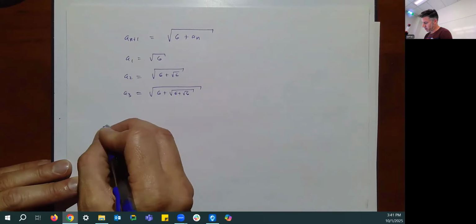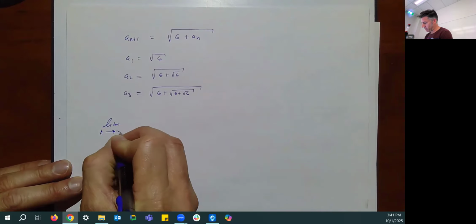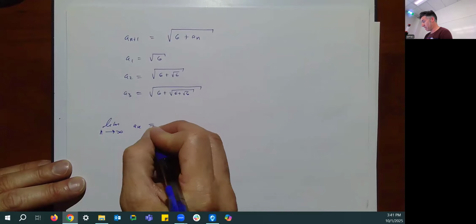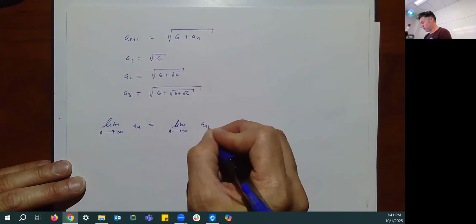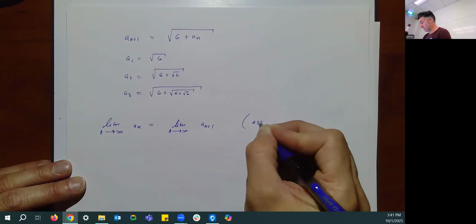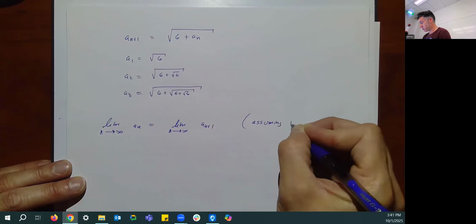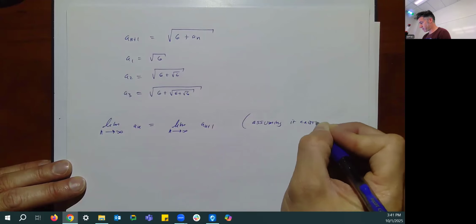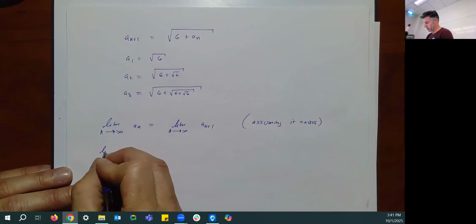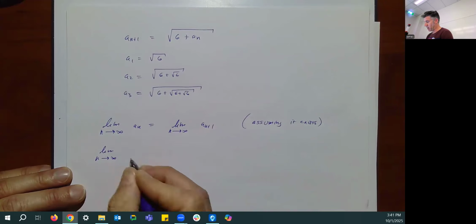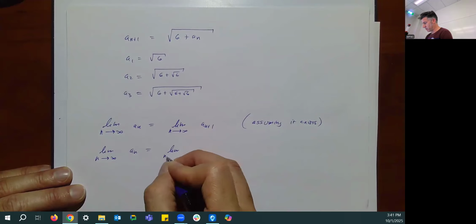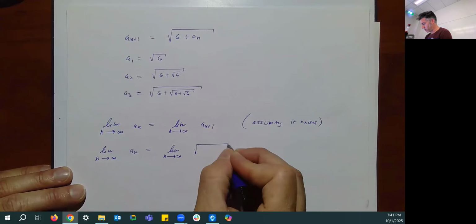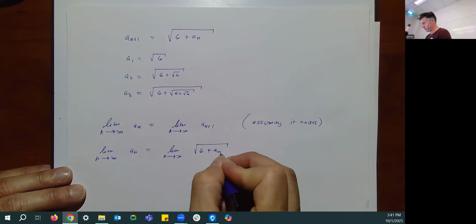So if I want to find the limit as n goes to infinity of a sub n, it should be equal to the limit as n goes to infinity of a sub n plus 1, assuming it exists. So then this is going to be the limit as n goes to infinity of the square root of 6 plus a sub n.